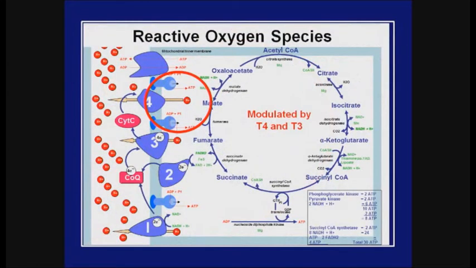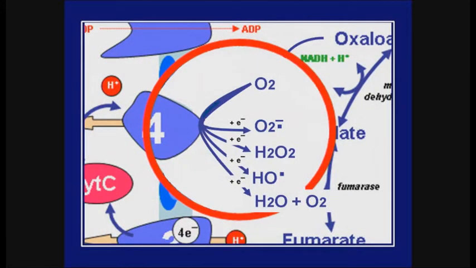So if we home in on complex 4 here, where it occurs, we have molecular oxygen, O2. If we add 1 electron to oxygen, we get an extra electron on the outer orbit, and this is called superoxide. So this is the first of our reactive oxygen species.